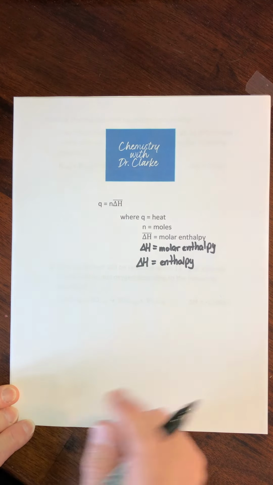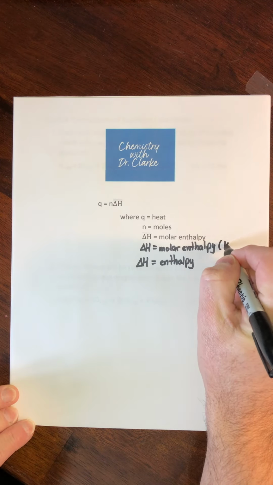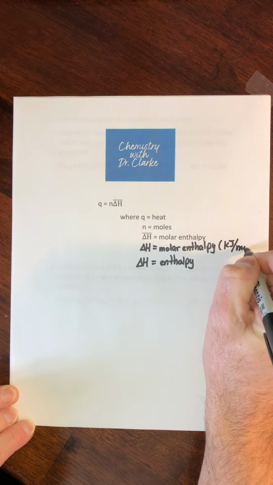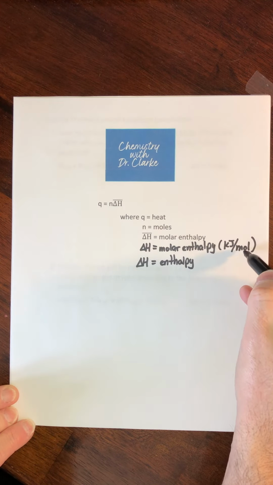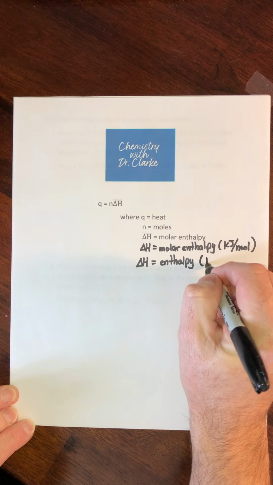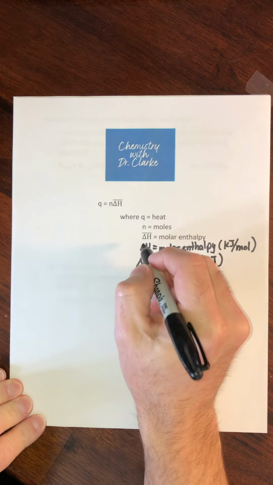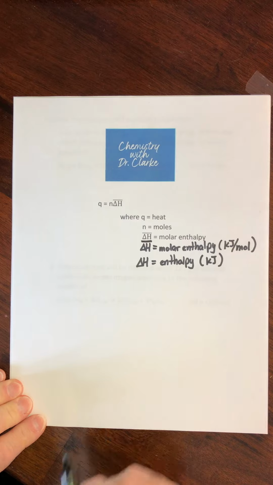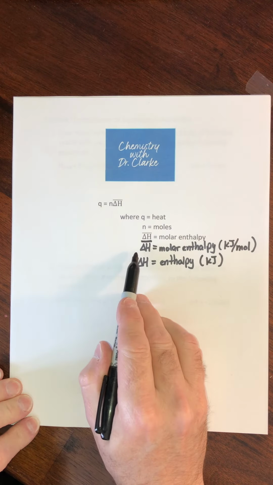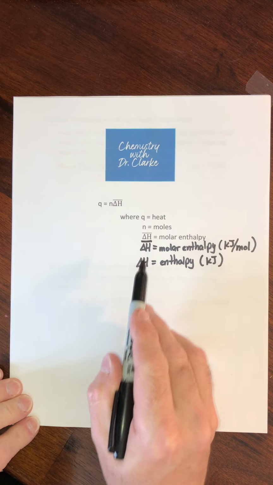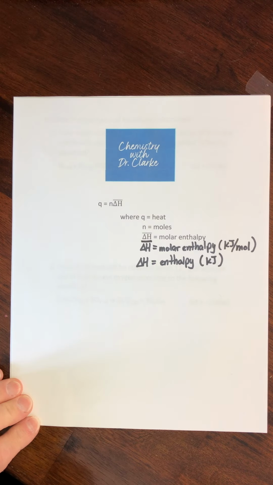And the way that you're going to tell them apart, this one is going to be kilojoules per mole, energy per mole, and this one will just be kilojoules, just energy. Okay, so they're often a little hard to tell apart. So what some textbooks do is they put a line over the top, and they'll call this delta H bar to try and distinguish it from just regular delta H.